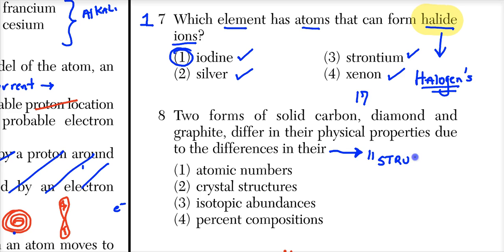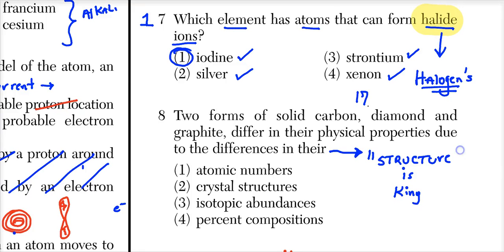You can have the same type of atoms, the same number and ratio of other atoms bonded, but if you change the structure, you will change the properties. So the physical structure, the type of arrangement of atoms in a crystal, will change its properties. So structure is king.